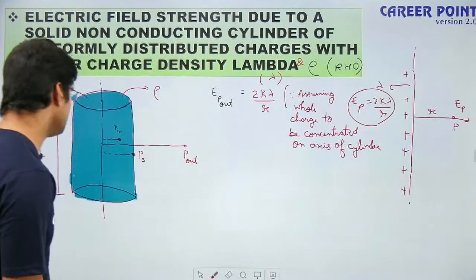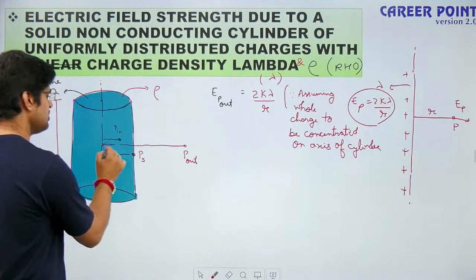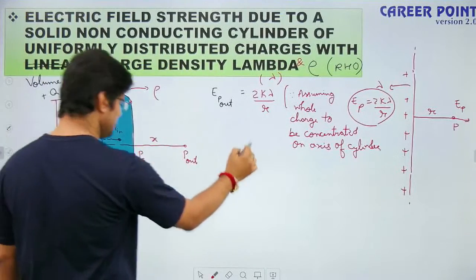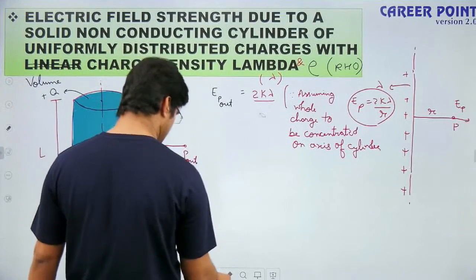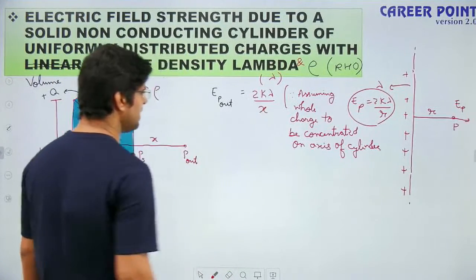Let's consider that the distance of point P from the axis of cylinder is x. So instead of small r, I am writing capital X, 2k lambda by x.